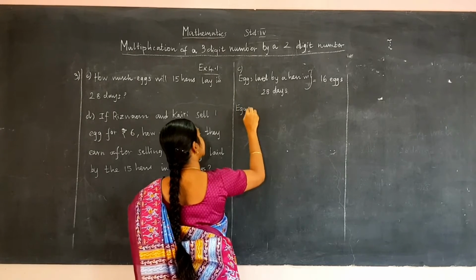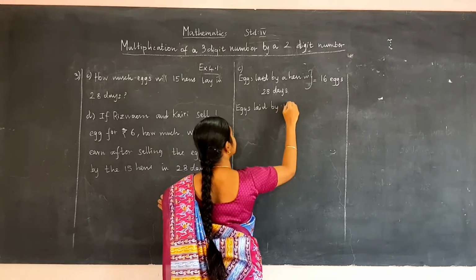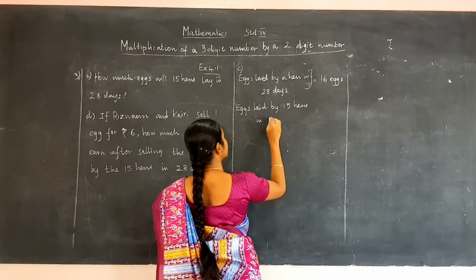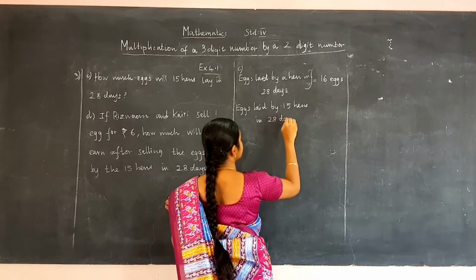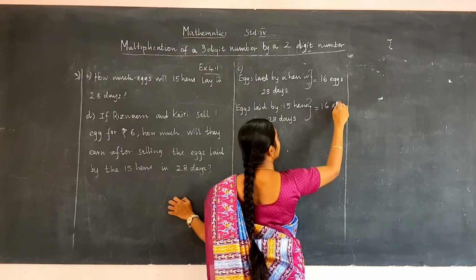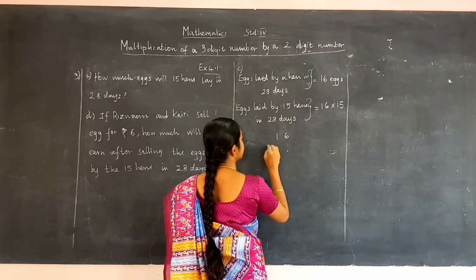We have to find the eggs laid by 15 hens in 28 days. So we have to multiply 16 and 15.